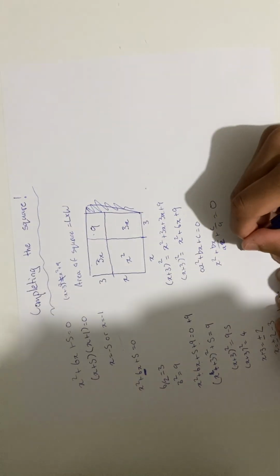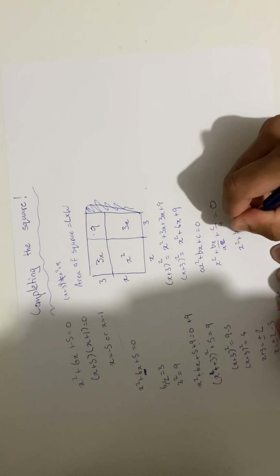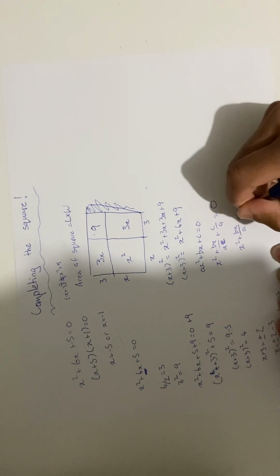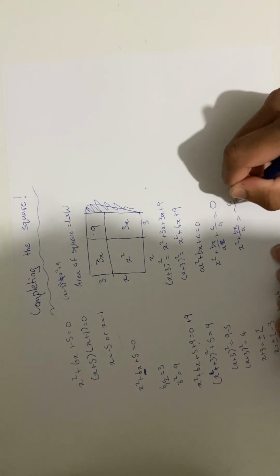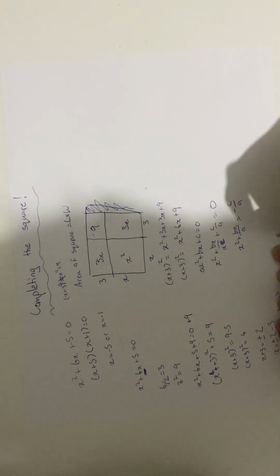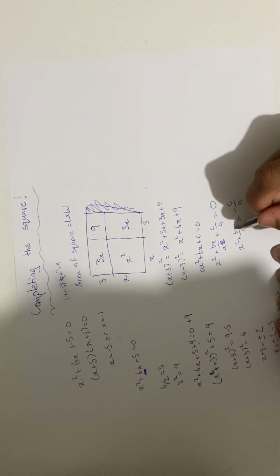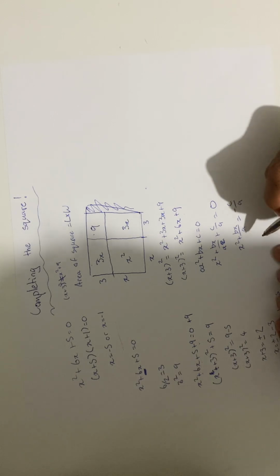And therefore, x squared plus bx over a is equal to negative c over a.